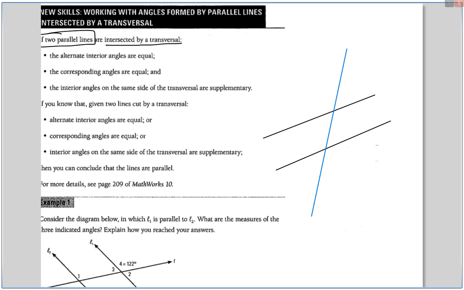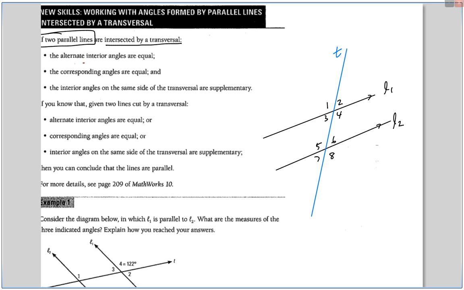Alright, let's take a look. Let's label these 1, 2, 3, 4, and 5, 6, 7, 8. So if the two black lines, L1 and L2, are parallel, and a transversal T cuts through them, then you have some nice results.